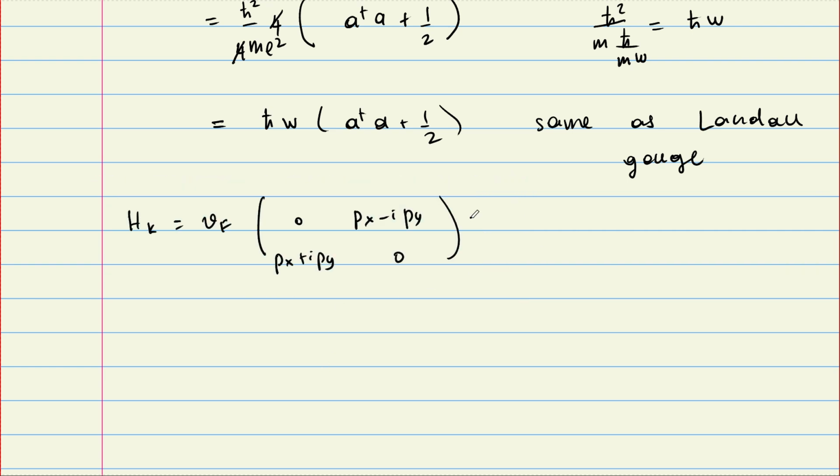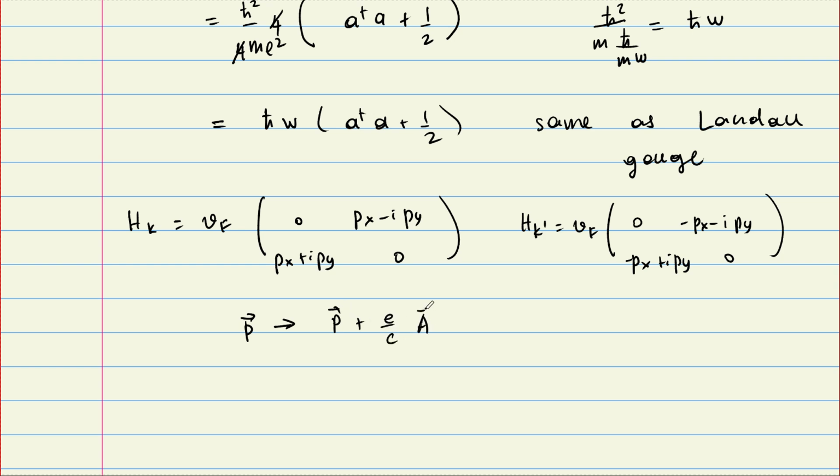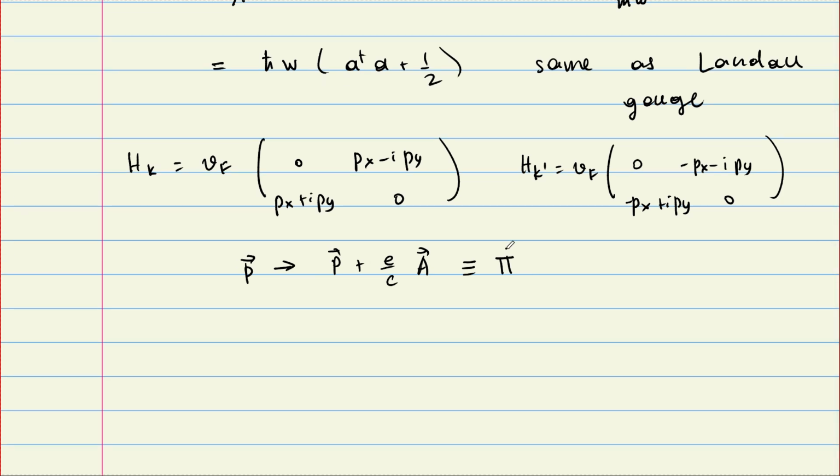I only do hk because hk prime is exactly identical. So hk prime is going to be V Fermi 0, minus px minus i py, minus px plus i py, and 0. So we will do exactly the same thing. p will go to p plus e over c A, and I'll shorten this with again pi, the vector.